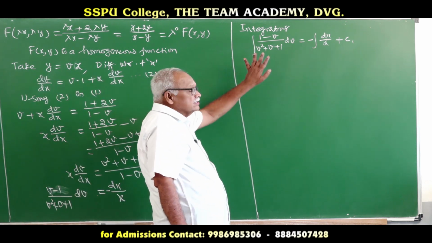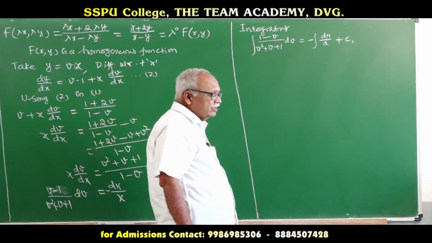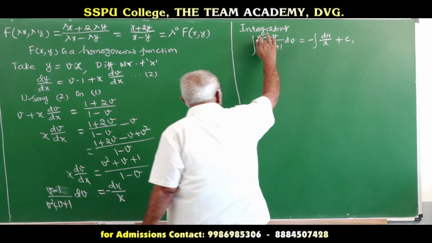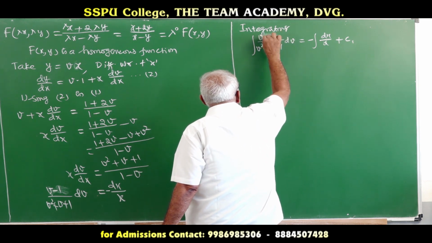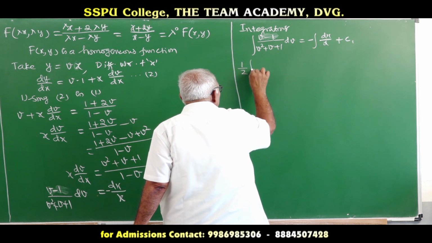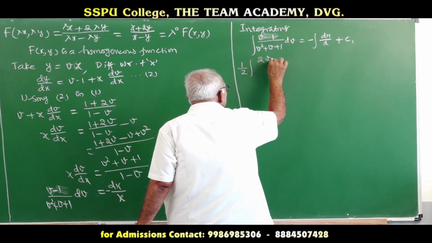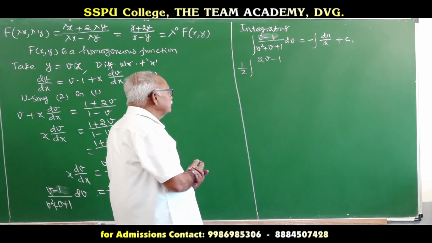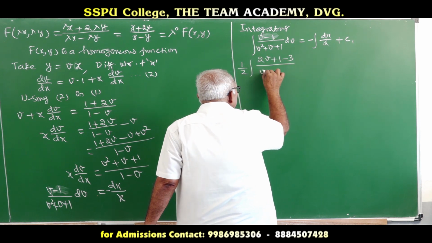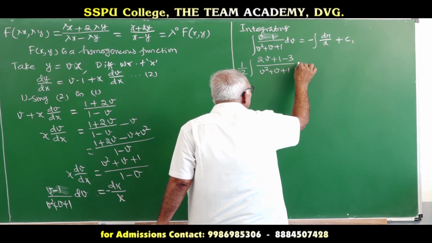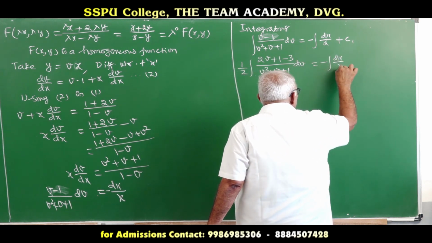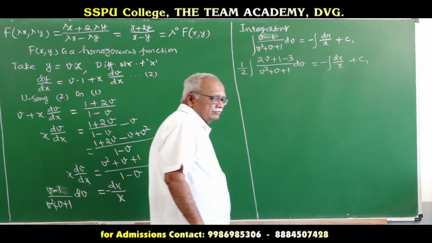Let me give you some idea about how to integrate this. Here it is 1 minus v, that is v minus 1 we have written already. Now, I will multiply and divide by 2. For this, you can write 2v minus 2, that is 2v plus 1 minus 3, divided by v square plus v plus 1 dv is equal to minus integral of dx by x plus C1.